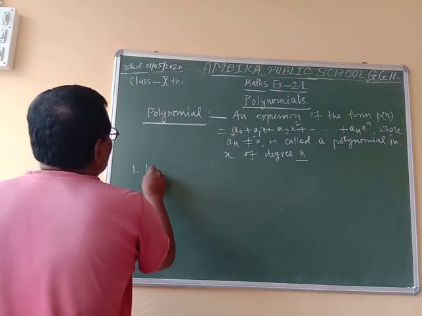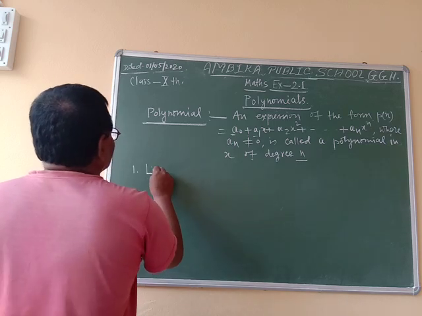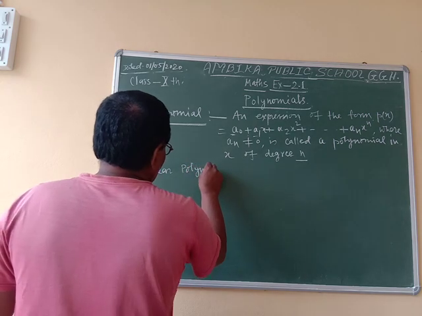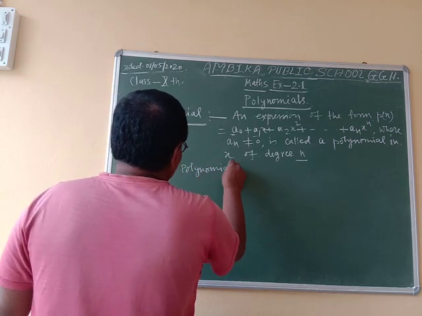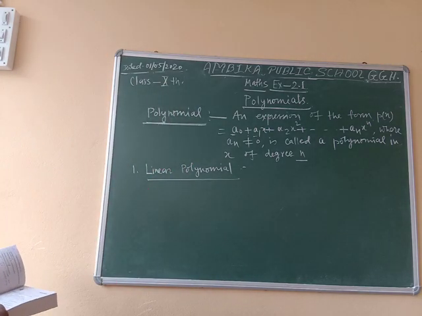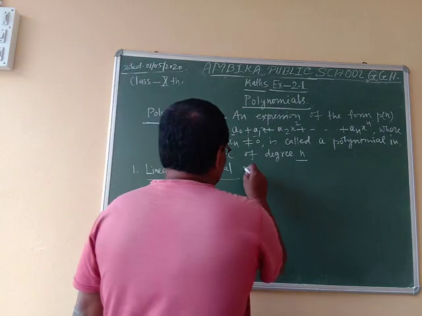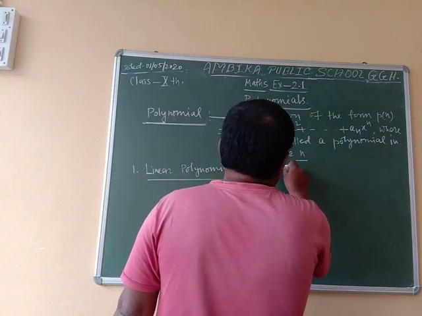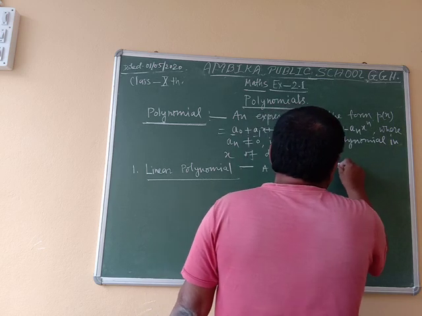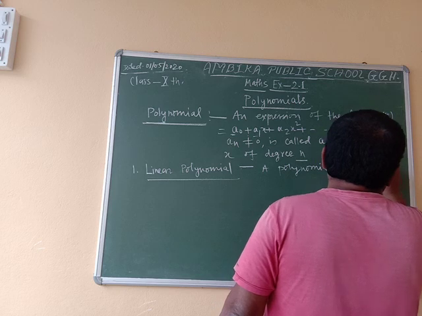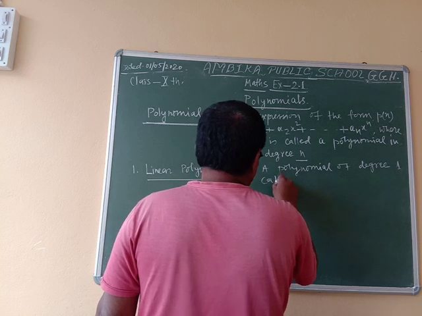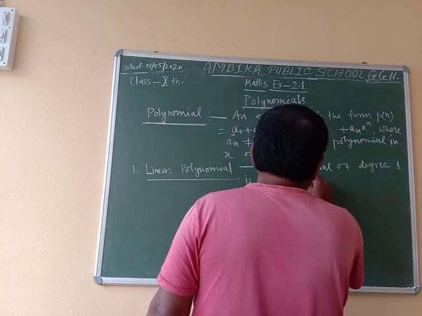First, linear polynomial, रैखिक बहुपद. A polynomial of degree 1 is called a linear polynomial.